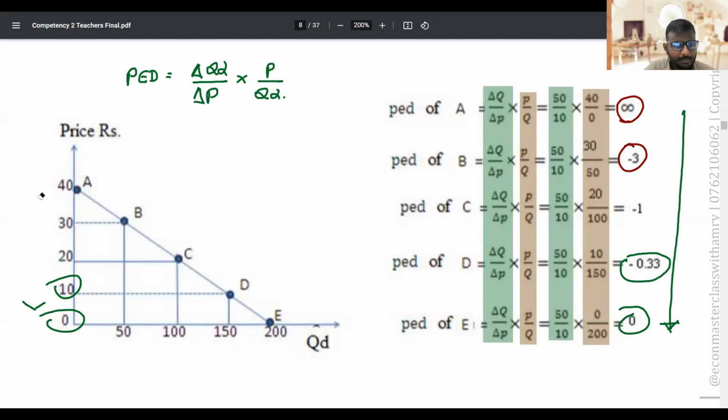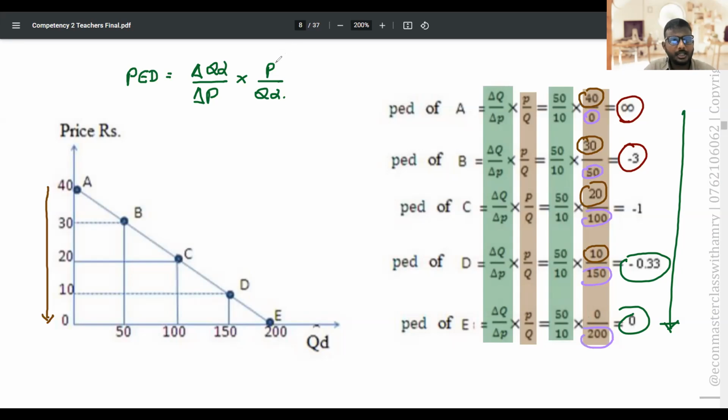Especially, when you go from a higher price to a lower price, as you can see here, price drops from 40 to 30, then to 20, then to 10. The numerator, the one on the top in the division, is coming down. And the denominator, the quantity below, is increasing: 0, 50, 100, 150, 200.